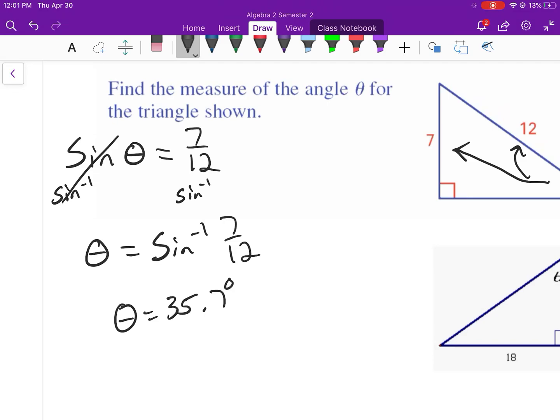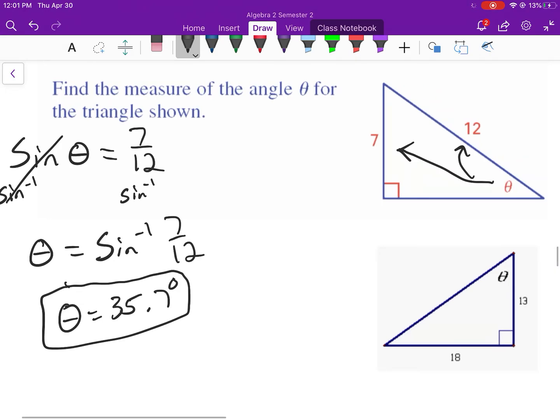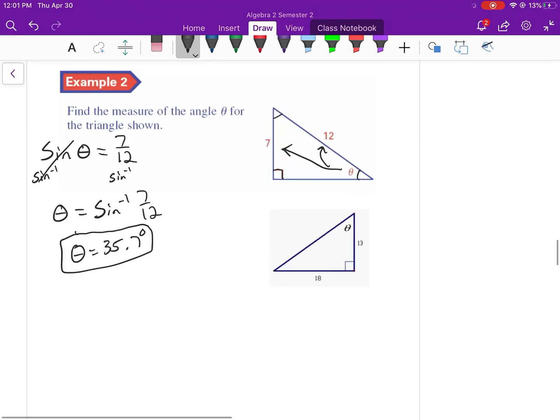If we're finding an angle for a triangle, do it in terms of degrees. So you should get something between 0 and 90 in most cases. Well, in a right triangle, you will, because you have your 90-degree angle, meaning these two have to add up to be 90. So it will be somewhere between 0 and 90.